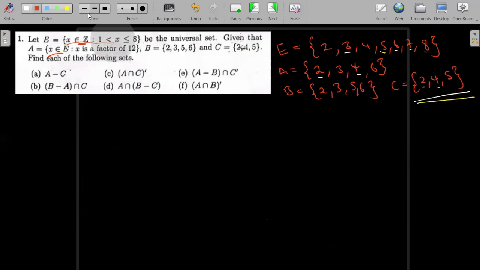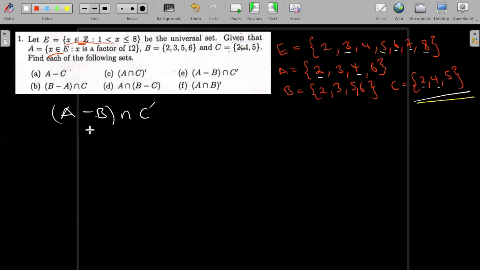Okay, so part E just says A minus B, then intersect C complement.